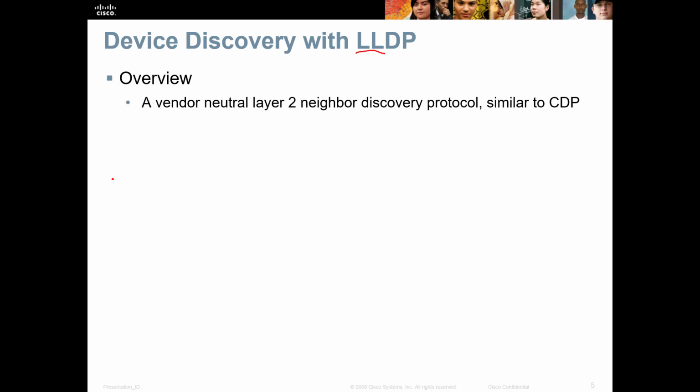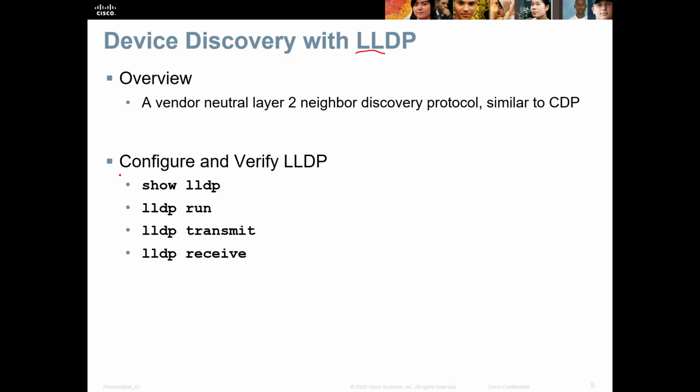So the generic form, or they like to call it vendor neutral in Cisco terms, is called the Link Layer Discovery Protocol. So they say it's similar. You can really do a lot of the same things. Tonight we're actually going to use CDP because it's the same type of thing. So here you see show LLDP, and you can add all the adjectives you want after it here.